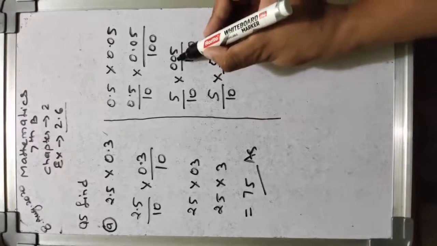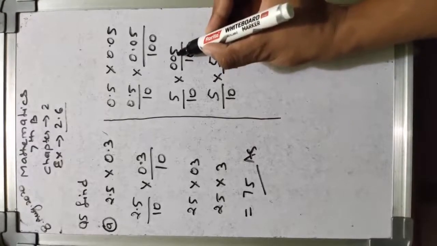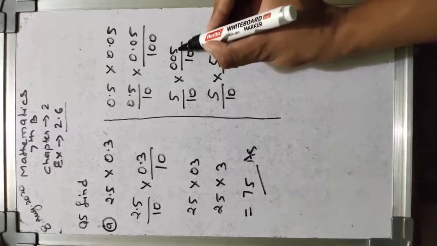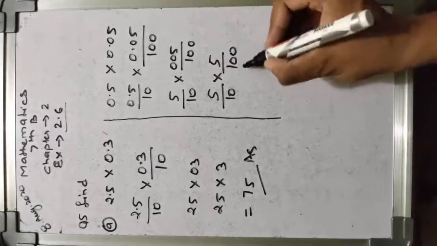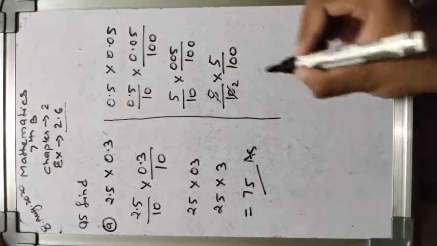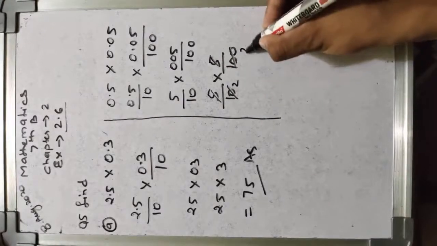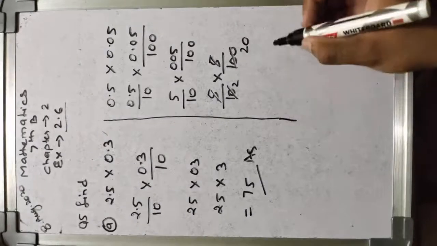These zeros before a natural number have no existence. See, 5 2s are 10 and 5 20s are 100.